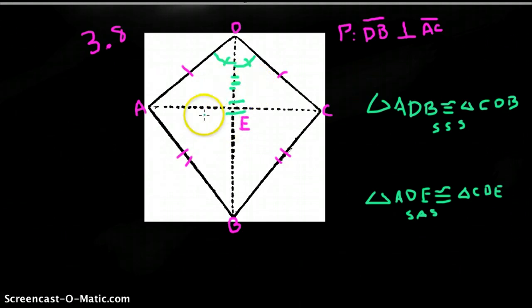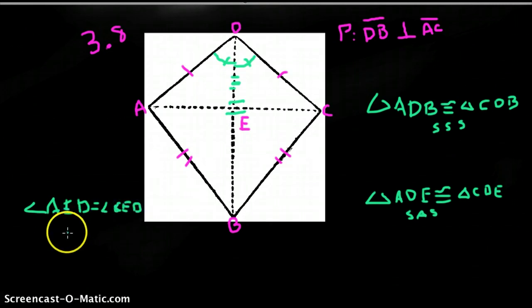And now that these two triangles are congruent by CPCTC, you also have that angle AED is equal to angle CED. And so because these two angles have to add up to 180, you can just go 180 over 2 is equal to 90.